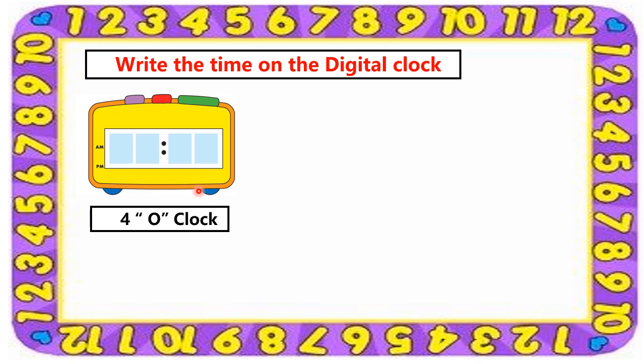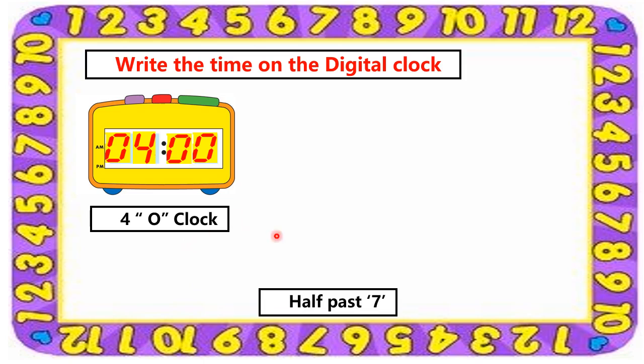First we write 0 and then 4. It means 4 hours. How many minutes are there in 4 o'clock? There are no minutes, so we write 00. In 4 o'clock we have 4 hours and 0 minutes. Right, class?